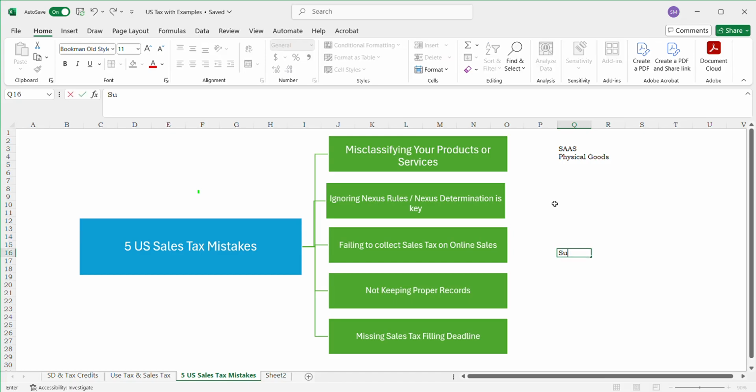If you remember, the Supreme Court has a ruling, the case South Dakota vs. Wayfair, and the ruling was that even if you don't have a physical presence in a state, but you have an e-commerce platform and you are selling taxable items, then you have to collect the sales tax, charge the sales tax, and pay it to the state. So that's the third mistake: doing online sales and failing to collect the sales tax on those online sales.